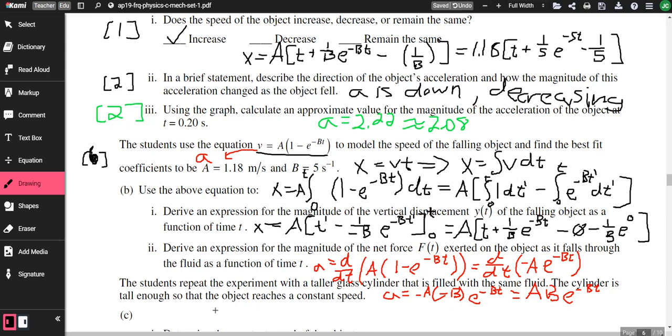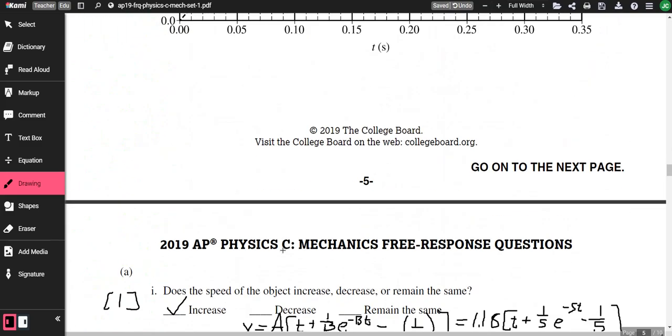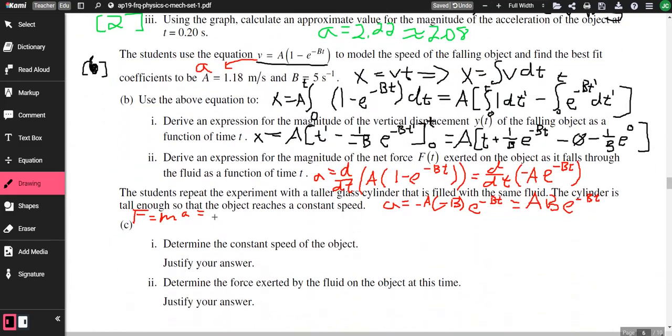Then I can say that force is going to be mass times this acceleration. The mass in this case, if I scroll up, is 12 grams. I'm going to want to convert that, since it's kind of a dirty mass, to 0.012 kilograms. So it's 0.012 times the acceleration, which is 1.18 times 5 e to the negative 5t.